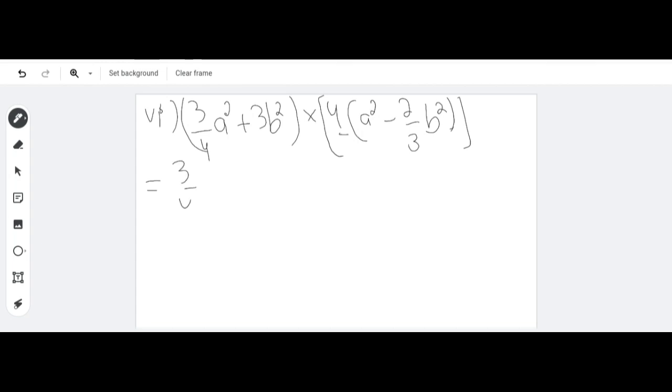Then it will look like 3 by 4 a square plus 3b square into 4a square minus, now the 4 I have to multiply with the 2 by 3 term. What will it look like?